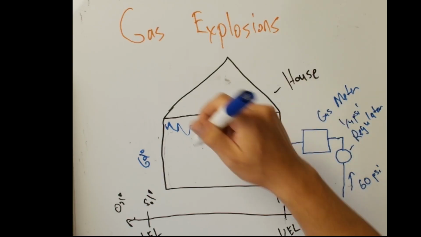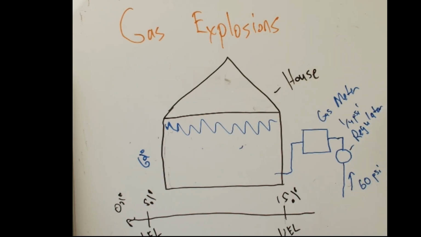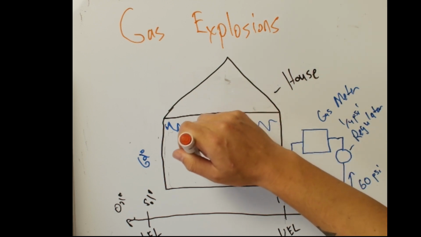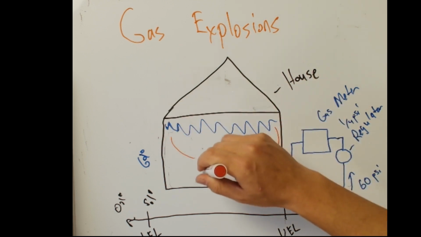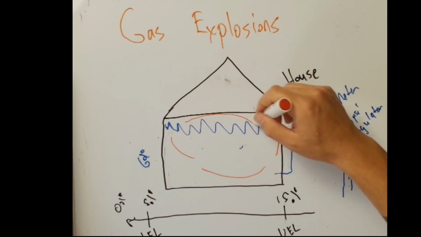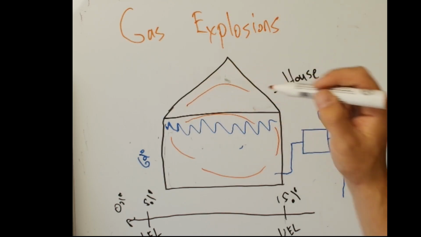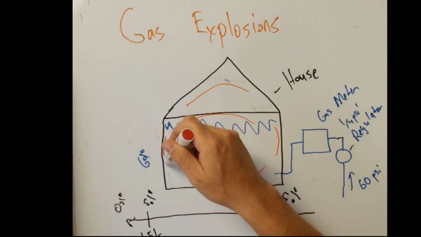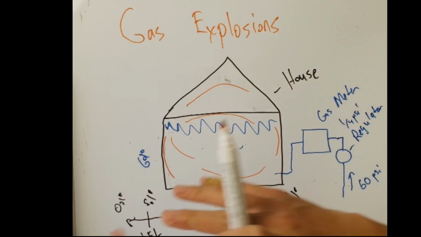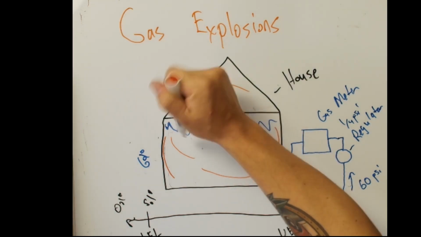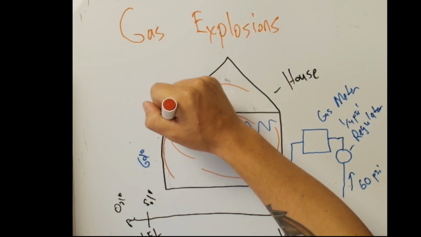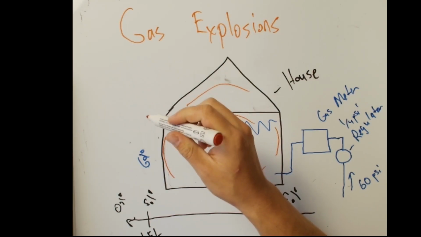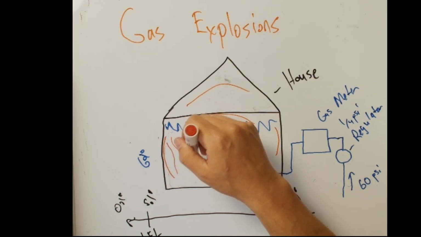What will happen is your ignition happens, and the flame front will spread out in all directions. This is your flame front. It will spread out in all directions up into your roof, and it will collide with the walls here, right? Like this. Your flame front will go through your fuel and collide with the walls. It reaches those walls, and it cannot go any further, so it will bounce back in this direction.